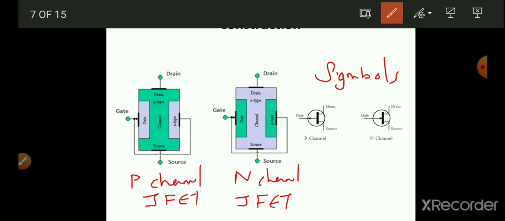These N-type regions are called gate. The two ends of the channel are connected to terminals called drain and source. These two N-type regions are interconnected internally and outside a terminal is taken, which we call the gate terminal.